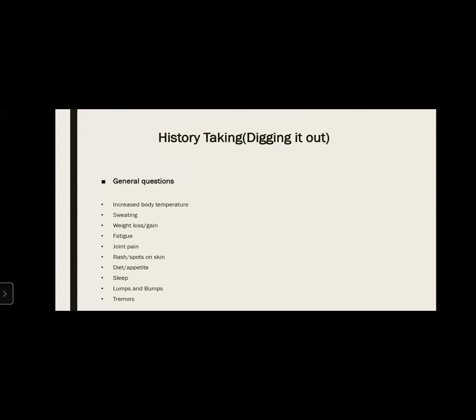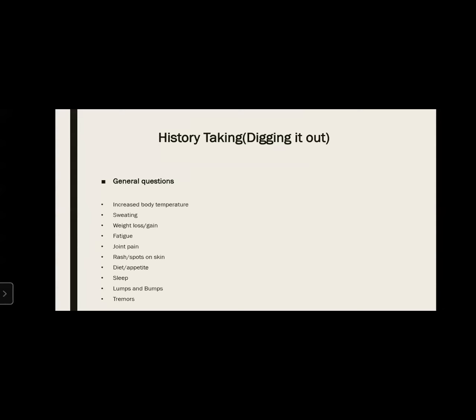Read very carefully. All the questions are mentioned over here. I have classified them under the general questions. I think there are maybe 8 or 9 questions, so you can memorize them. Don't miss even a single question out of 10, because it will make your diagnosis.